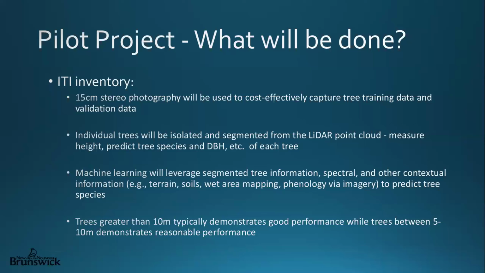We expect that trees greater than 10 meters will perform well. However, anything below 5 meters, because of the noise of the point cloud, we don't expect to get great predictions for that.